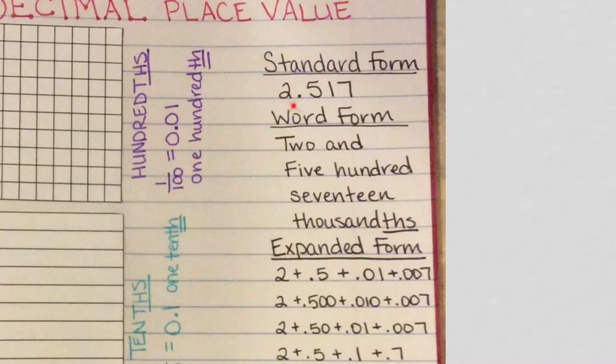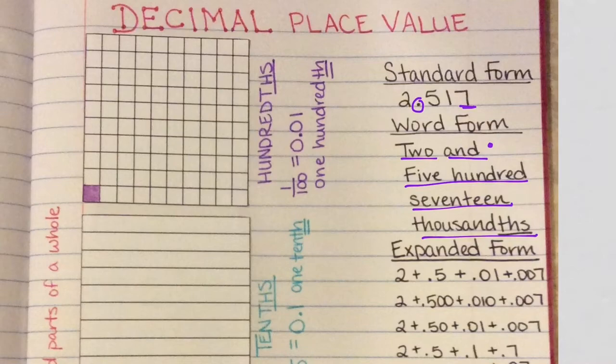So you would read this 2 and you just look at this section of the number and pretend nothing else is there for a minute, and it looks like 517. Okay, so then you go back and say, oh, okay, it is in a decimal. So we have 2 and, that's the decimal, 517, and you look at where the last number is, and it's in the thousandths place. So that's if we had taken these hundredths and broken it down even further.